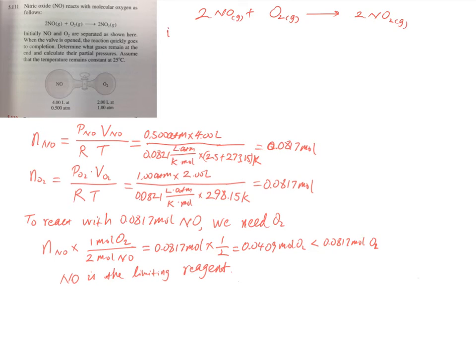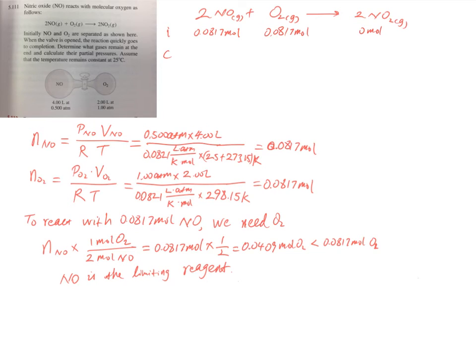Initially we have 0.0817 mole of nitric oxide, and the same thing for oxygen, 0.0817 mole, and 0 mole of product, nitrogen dioxide.